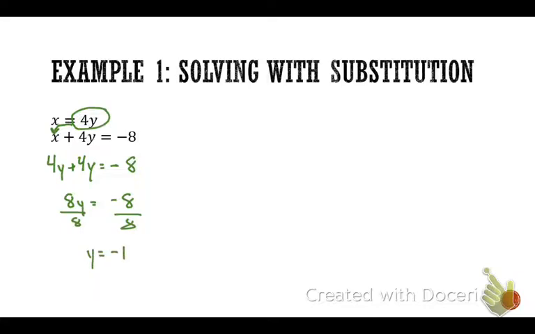Negative 1. But that's only half of my answer. Nate, what would I do next? Very good. I plug it back in for y in my first equation. So x equals 4 times negative 1. What's 4 times negative 1? Negative 4.